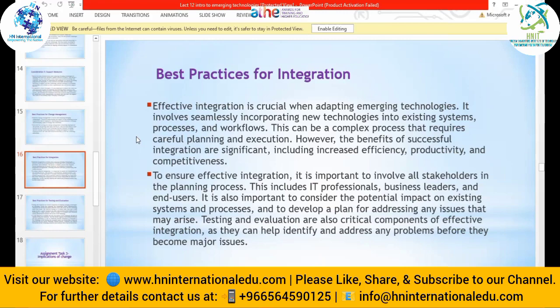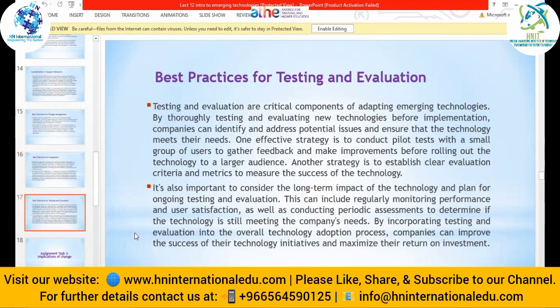And if you're using another thing, you can be aware of a major issue that can or cannot be addressed. So with testing, evaluation, and the help of some expert, some professionals, a business leader, or some end users who know about each and every part of it, they may tell you what problems can occur or how you can get through them.